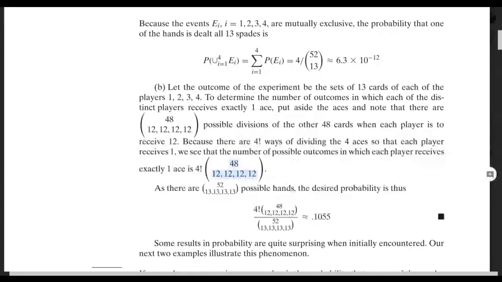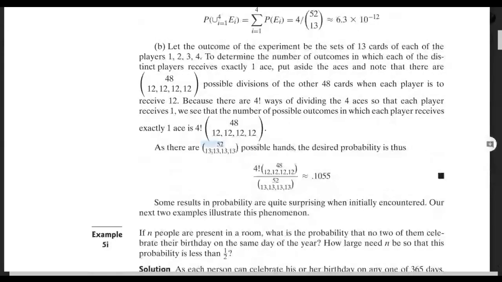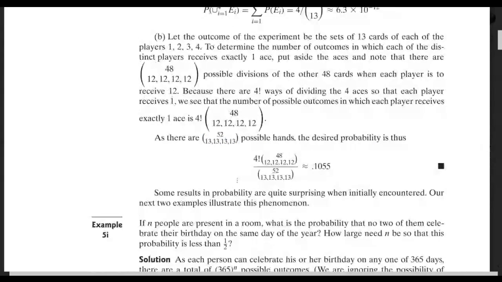That's how many ways. And what is the sample space? The sample space is out of 52, distribute 13 to the first one, 13 to the second one, to the third one, to the fourth one. This is beautiful, isn't it?